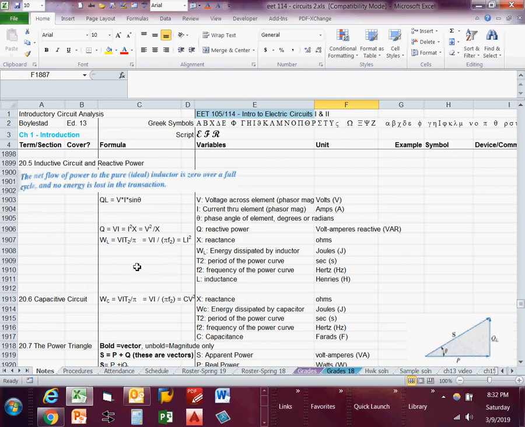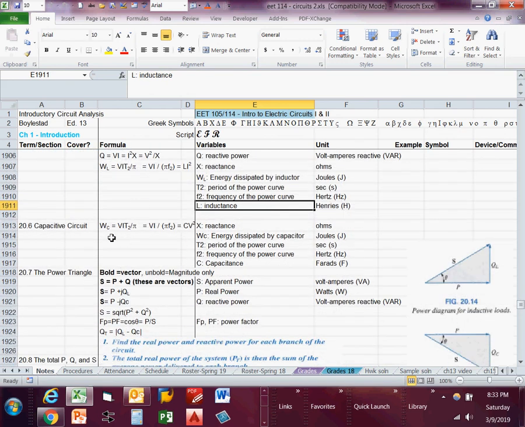This is all element based, and then W sub L is the energy dissipated by the inductor in joules, equals VI times the period divided by pi, also equal to VI divided by the quantity pi times the frequency, or equal to L I squared. L is the inductance in henries, I is the current again, T is the period, F is the frequency.